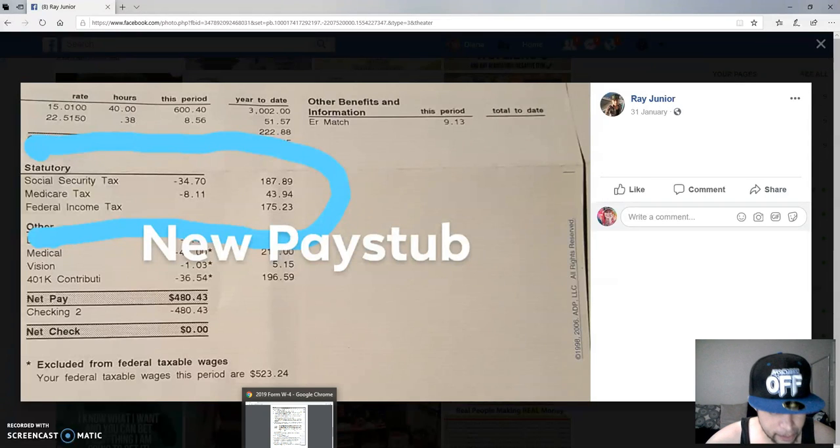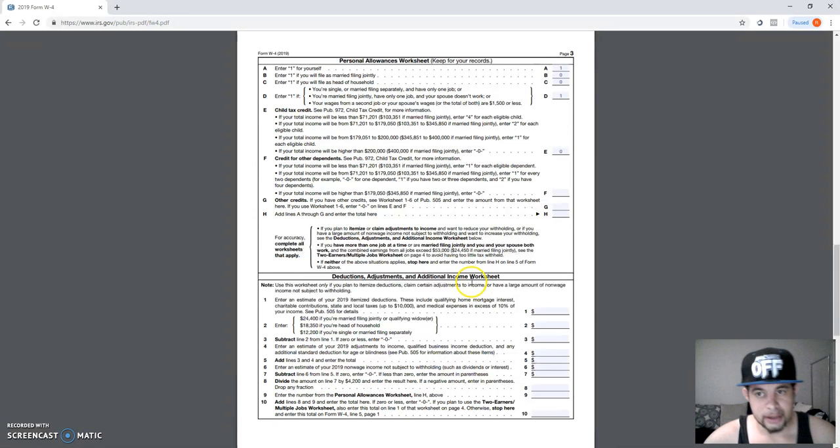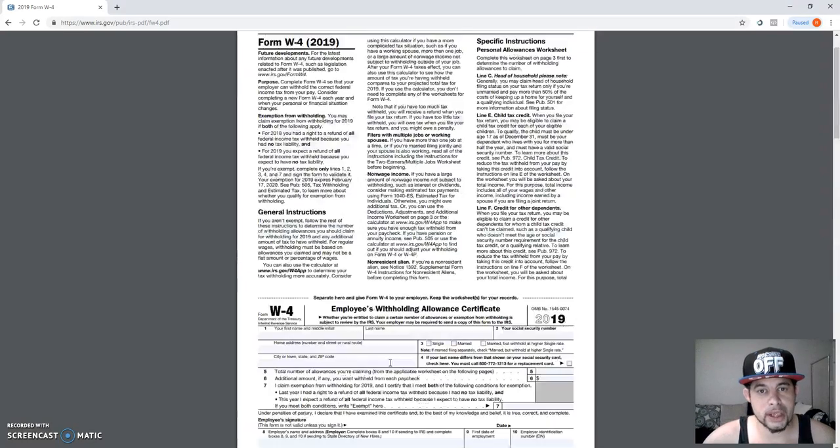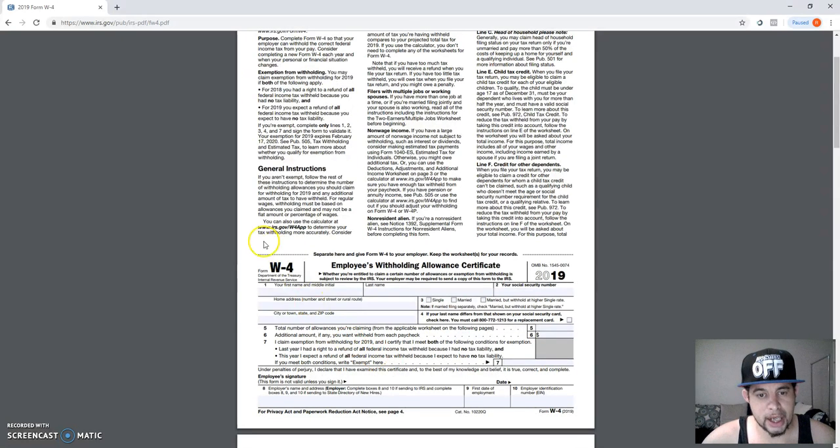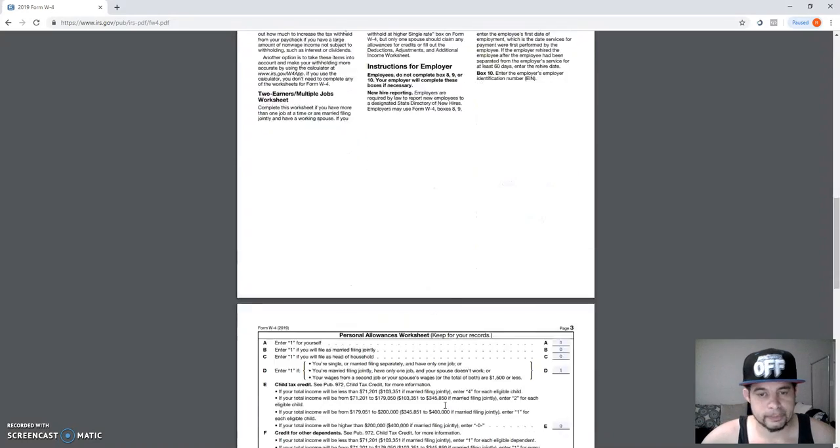Should have it here somewhere. All right, so I started filling some of it out. Basically, this is really the only page you need. After you fill out this page, then you would go to the first page, and we'll go over that real quick.